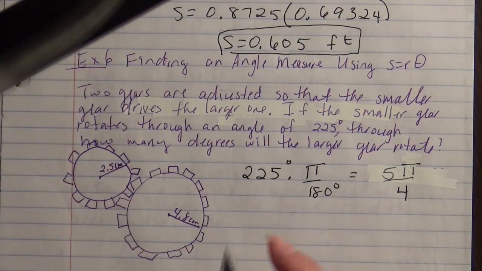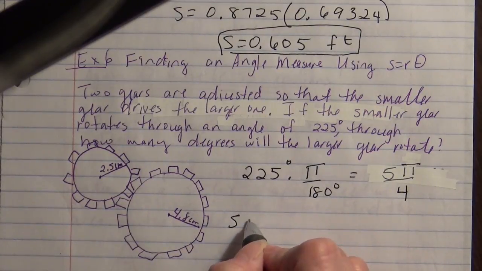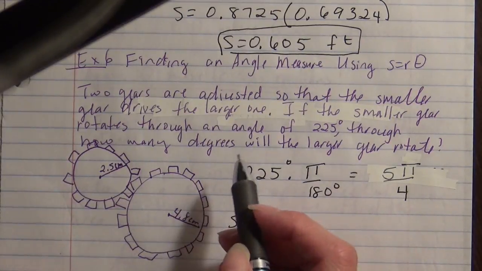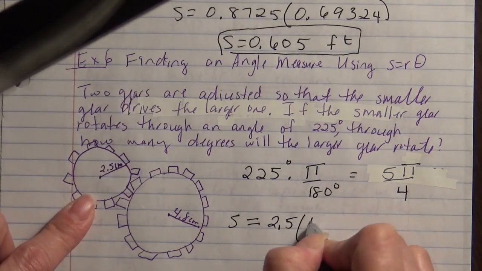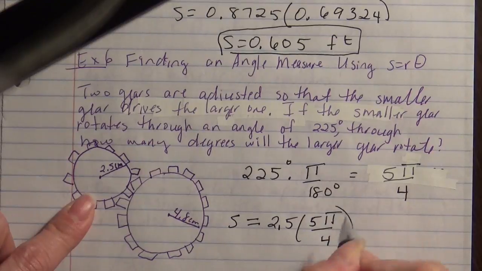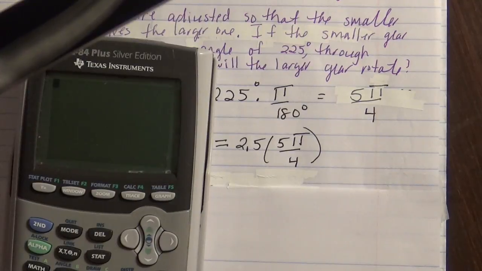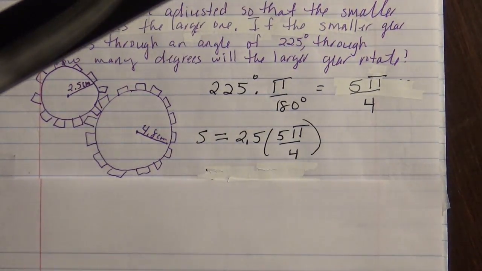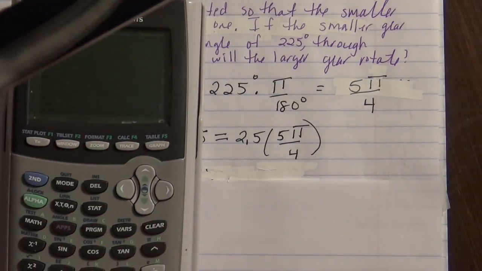Now my arc length is equal to my radius, which for the smaller gear was 2.5 centimeters. So 2.5 times 5 pi over 4. Now that there's a decimal here, I'll probably leave mine as a decimal also. So my arc length is S equals 2.5 times 5 pi over 4, and we will calculate this.